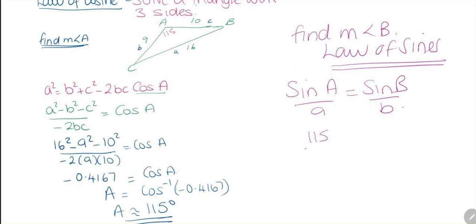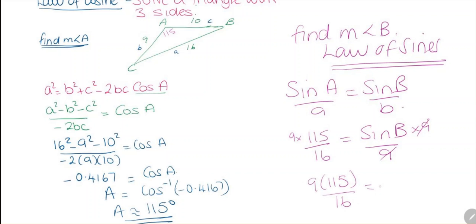So that's sine 115 over 16 is the sine of B divided by 9. So if you multiply both sides by 9, this simplifies.